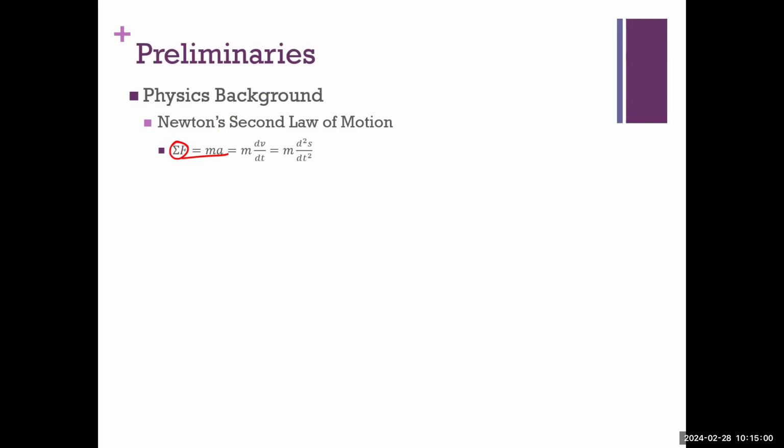It's basically if you add up all the forces acting on something. Like right now, you're not accelerating, even though the force of gravity is on you, because there are other forces that are countering that. So the sum of all forces is equal to the mass times the acceleration. And why am I writing these in so many different ways? Acceleration is the derivative of velocity with respect to time.